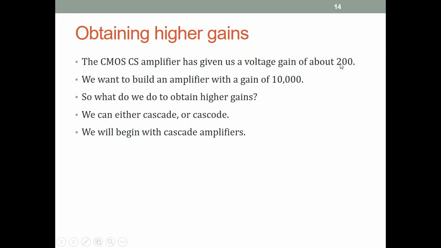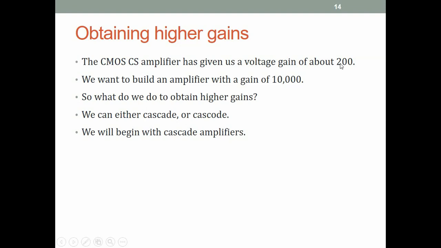So the next question we ask is, well, I've got a gain of 200. You remember we started with a gain of 4 when we had a drain resistance, and then we got to 200 by replacing that drain resistance with a PMOS. Now we are asking, well, what do we do next to get a higher gain? So the answer is, to get a higher gain now, we either cascade or we cascode.